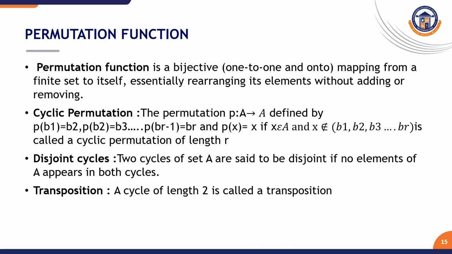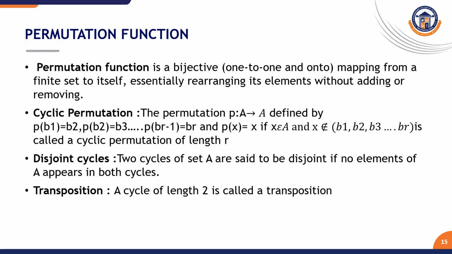Next, let us see the permutation function. It is a bijective mapping from a finite set to itself, essentially rearranging its elements without adding or removing. In this, we have different types: cycle permutation, disjoint cycles, and transpositions.